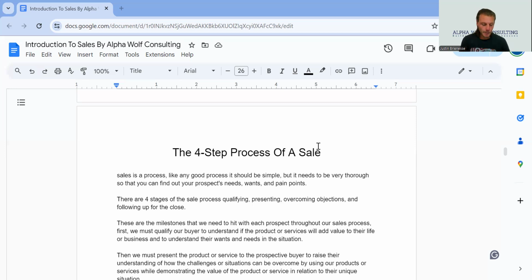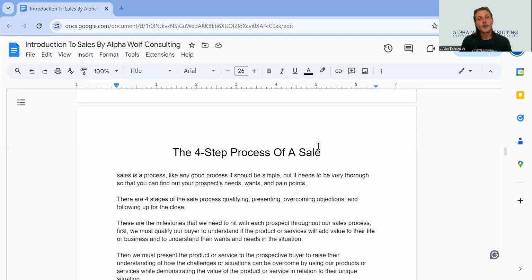And it's a multi-stage process. Essentially, while we're presenting, we ask the buyer, does this make sense to you? Do you see the value in this? Would you like to get the benefits that we're offering to our customers or our buyers? And then we're going to get objections.